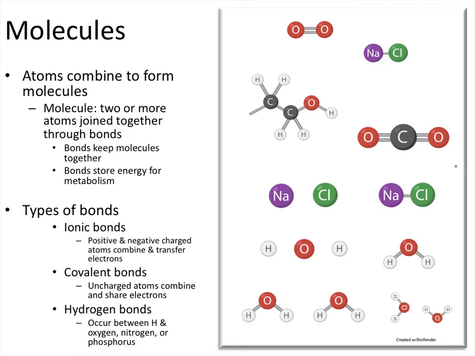And then two, bonds are where the energy that living organisms need for metabolism is stored. When an organism takes in food from the environment, and this is true for humans, this is true for animals, this is true for microbes, what it does is it breaks that food down into smaller and smaller pieces until the individual bonds that are holding atoms together in molecules can be broken and the energy can be extracted.